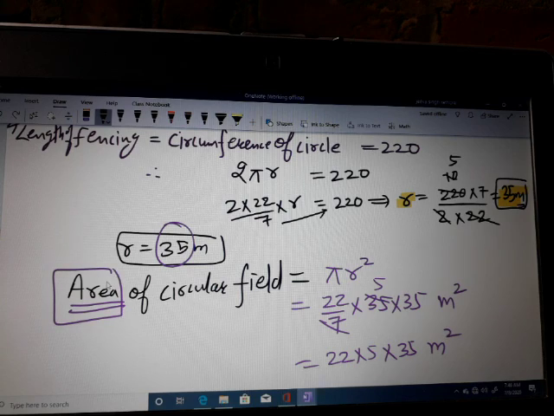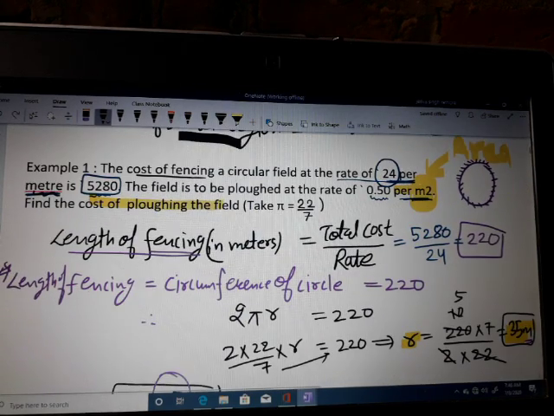You have to find the total cost of the plugin. What is the rate? The rate is given here, 0.50 per meter square. Per meter square means 1 meter square equals 0.50 rupees.